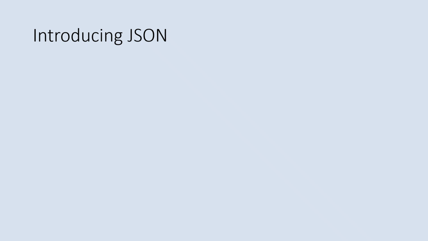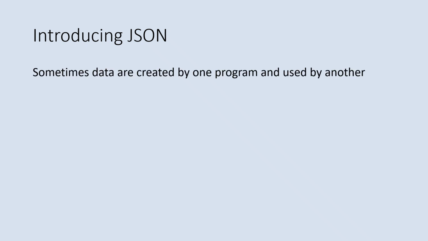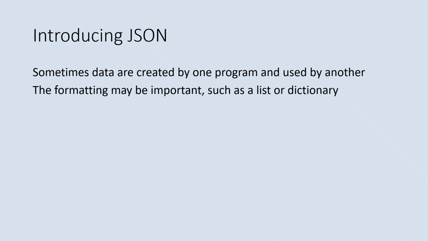Now, sometimes we will write a program that creates some data or modifies some existing data or does something complicated. And then we want to be able to use that in future. We want to be able to save that for other use. And so the formatting of our data may be something that really matters. It may be something like a list or a dictionary.